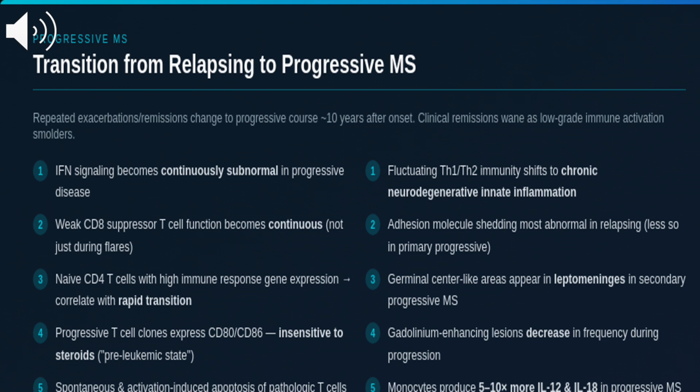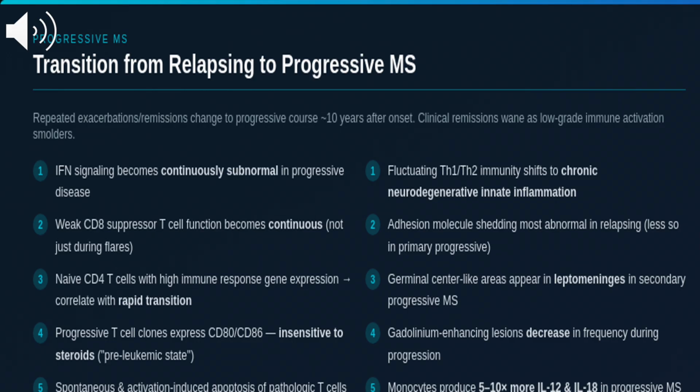The CD8 suppressor defect transitions from intermittent, occurring only during exacerbations in RRMS, to continuous and permanent in progressive disease. This loss of intermittent regulatory capacity becomes a permanent regulatory vacuum.